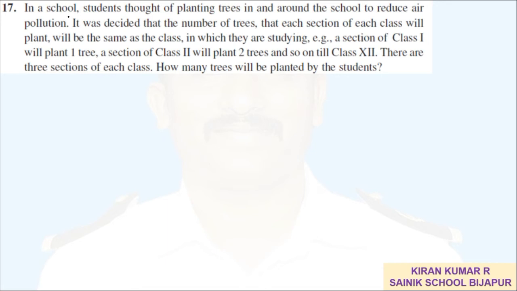For example, a section of class 1 will plant 1 tree. The section of class 2 will plant 2 trees, and so on till class 12. There are 3 sections of each class. How many trees will be planted by the students? It's a very easy question.